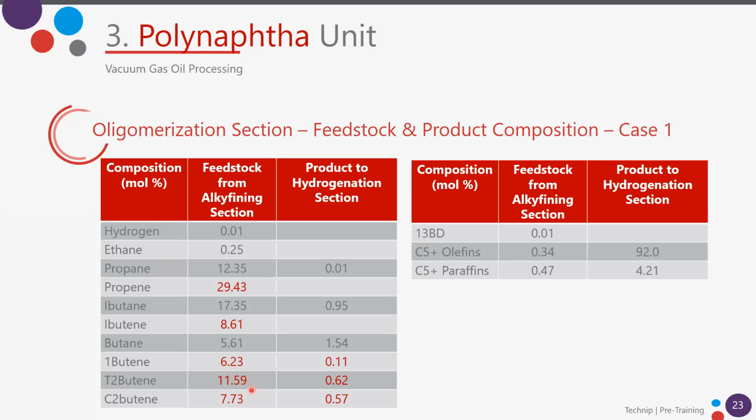And you will see how this will transform all these olefins into C5 plus olefins in this oligomerization reaction, okay? That is the importance of this reaction, to transform these smaller olefins into bigger olefins, okay?